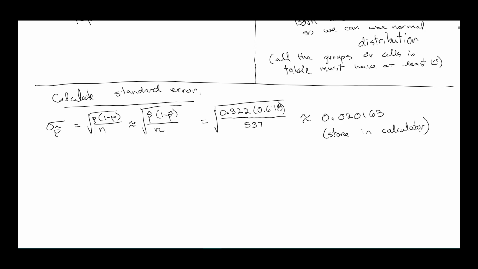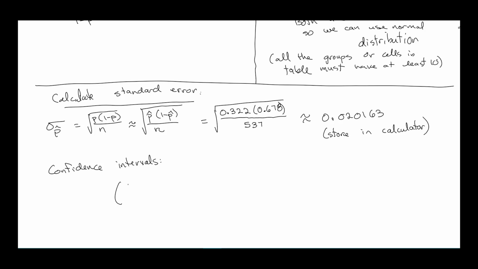Now we need to remember what a confidence interval looks like. They always have this general form, whether we're doing a confidence interval for a mean, for a proportion, for the difference between two means, for the difference between two proportions, or for a standard deviation.